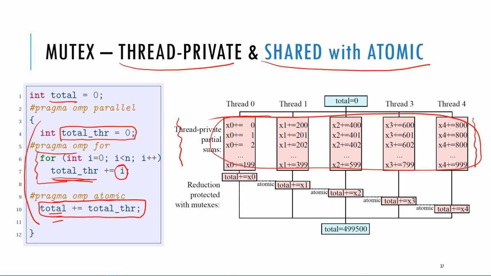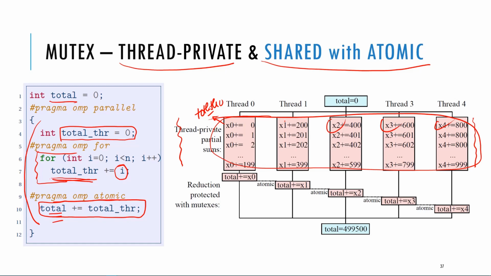And the variables, the x variables here, x0, x1, 2, 3, 4, these are actually the thread private partial sums, which is total per thread. Okay, so we can talk about total thread number 0, total thread number 1, total thread number 2, 3, and 4. So I have 5 different copies of this local private variable that accumulates the partial sums.